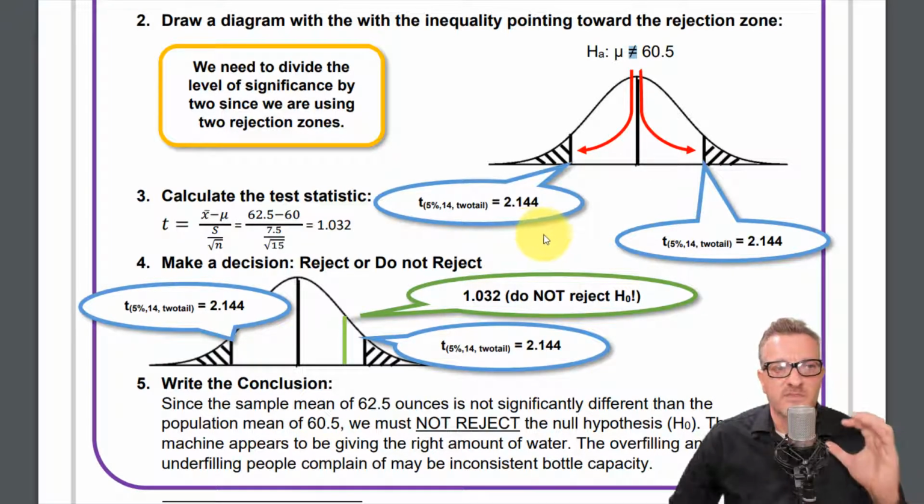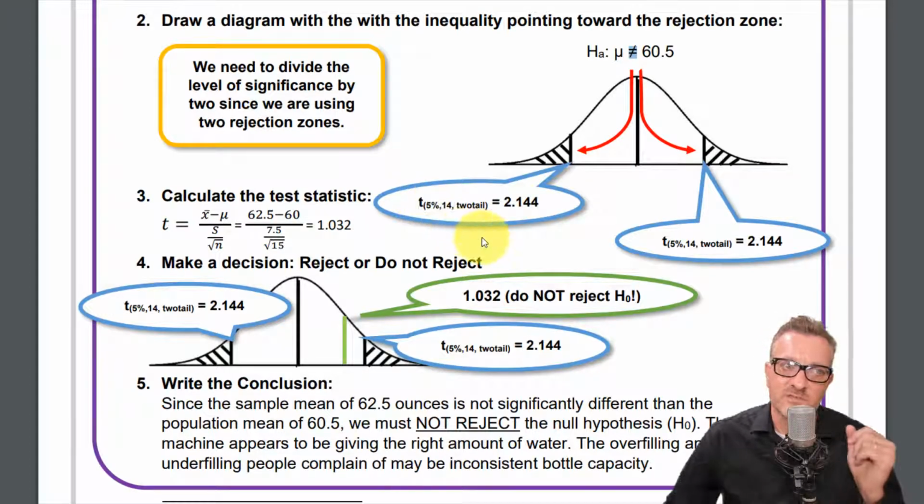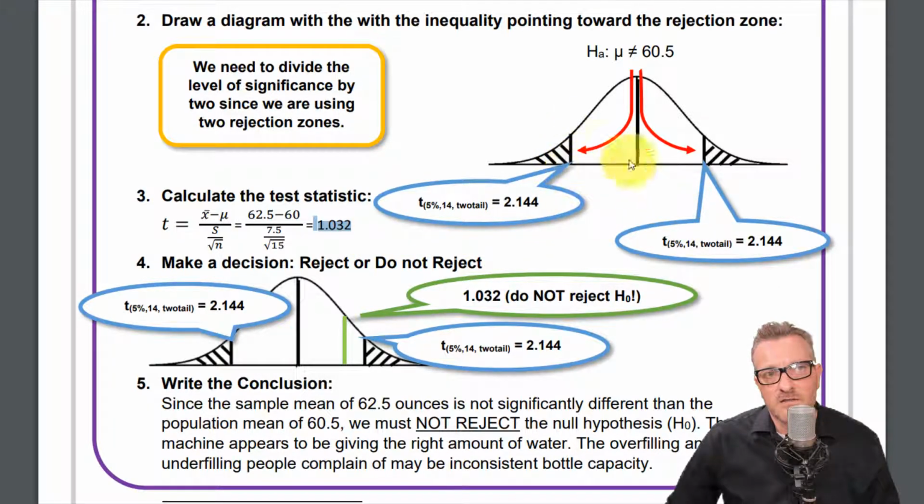Like I said, with the t-table, we just use the 5% for the two-tail. But we do have two tails, so that's important. Calculate the test statistic. We calculate the test statistic 1.032. So we know that these cutoffs are 2.144 and 2.144.